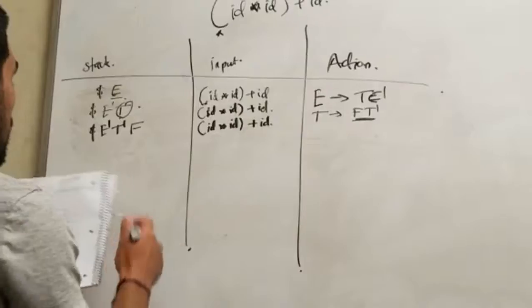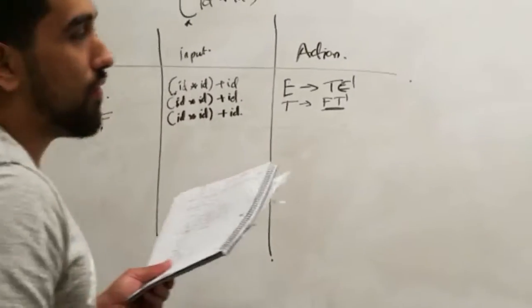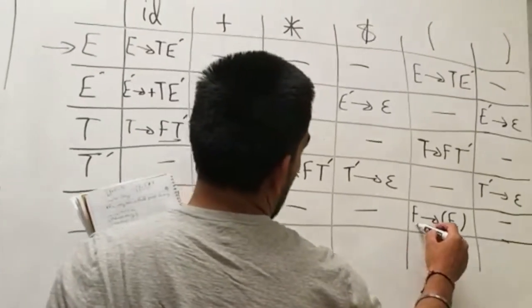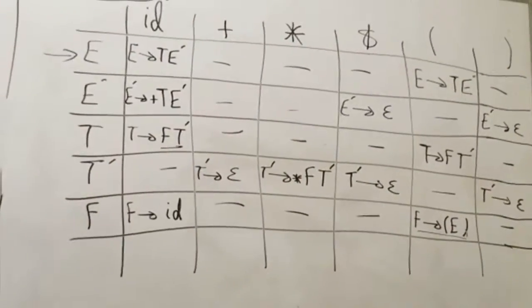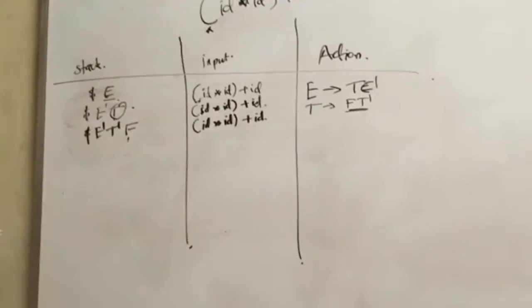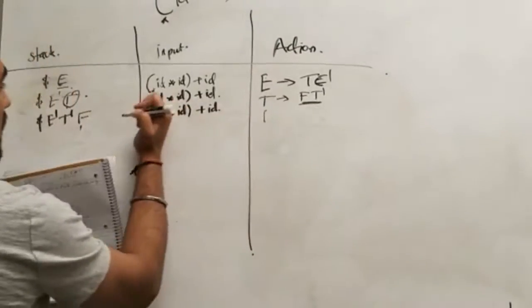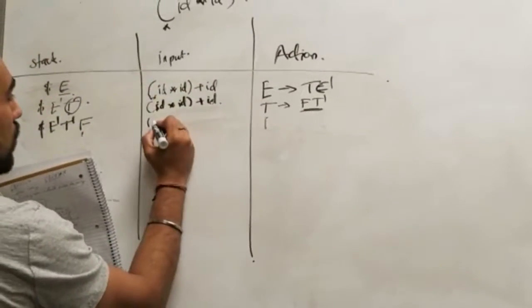Now again we got F. For F we'll use this grammar because we'll get the opening parenthesis from there. Let me write it properly so that you won't get confused.